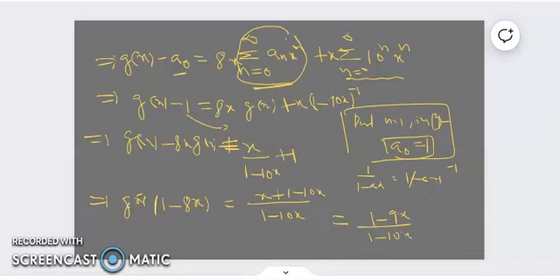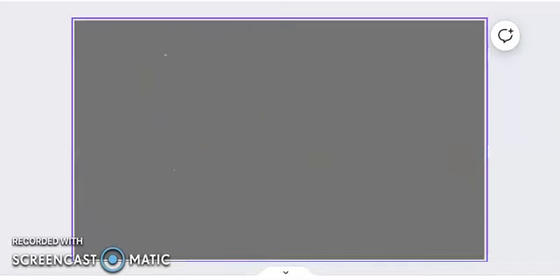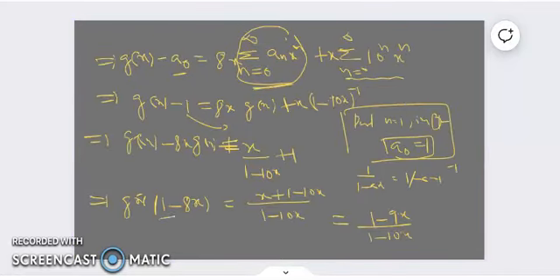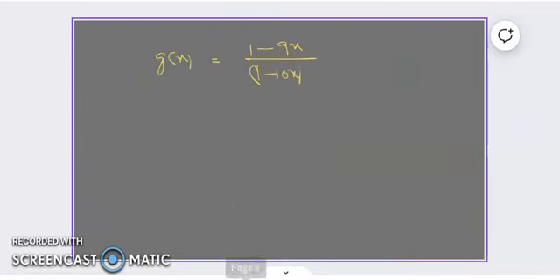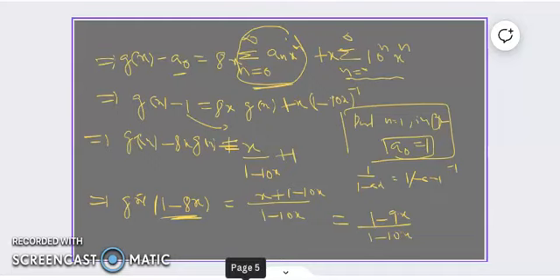Now g of x value is 1 minus 9x by 1 minus 10x into, now 1 minus 8x can be taken to the right side, that is 1 by 1 minus 8x.